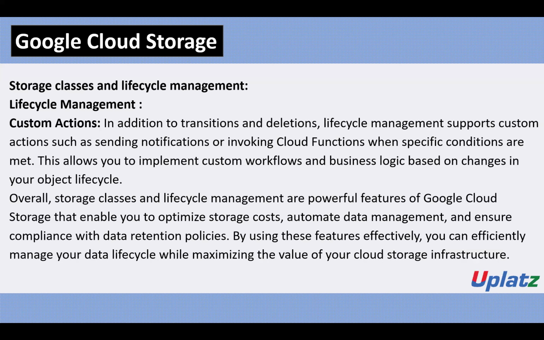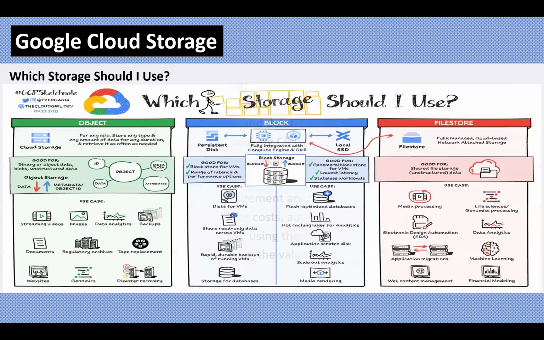So overall, storage classes and lifecycle management are powerful features of Google Cloud Storage that enable you to optimize storage costs, automate data management, and ensure compliance with data retention policies. By using these features effectively, you can efficiently manage your data lifecycle while maximizing the value of your cloud storage infrastructure. Got it? Now let's proceed with the next point.